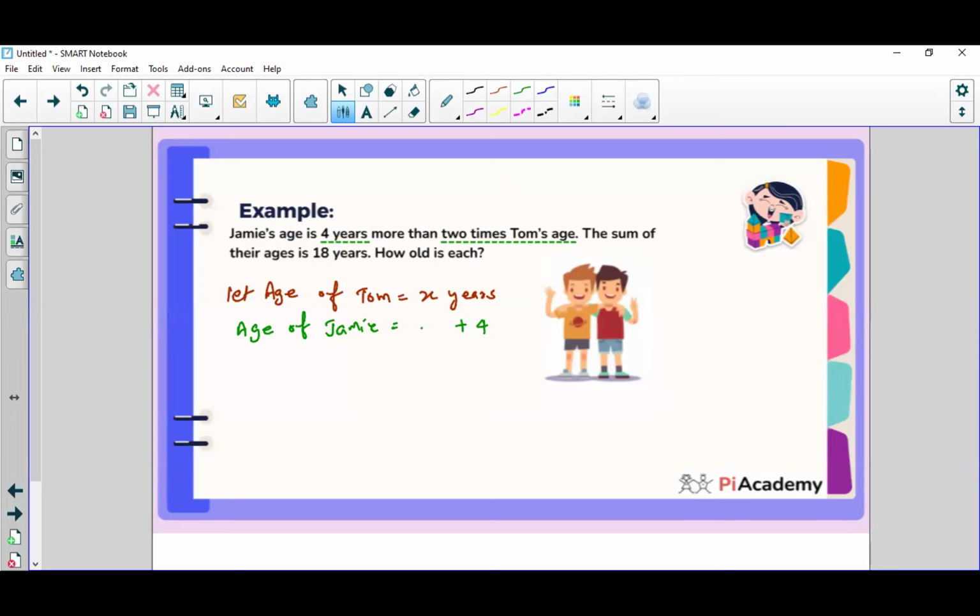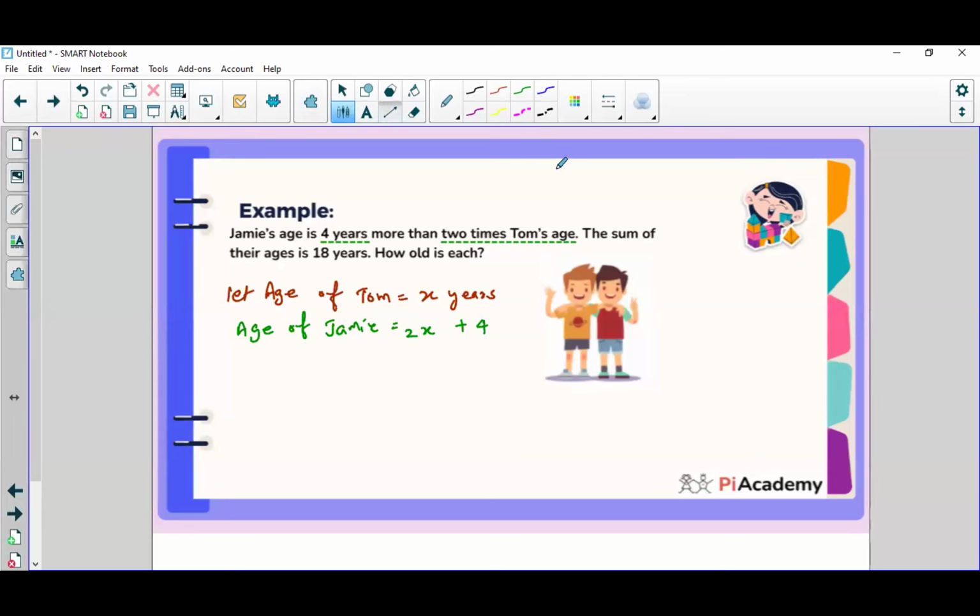So Tom's age is X and 2 times, which will be 2X. That is the age of Jemmy, because if the age of Tom is X years, the age of Jemmy will be 4 years more than twice the age of Tom. Now, in terms of the variable X, we know the age of Tom and the age of Jemmy both.